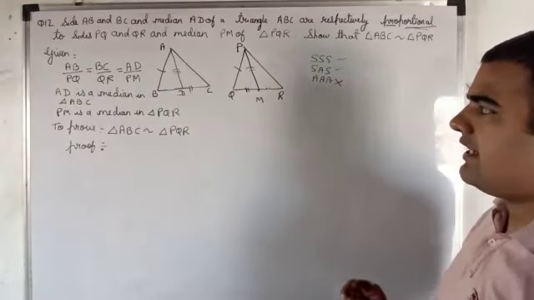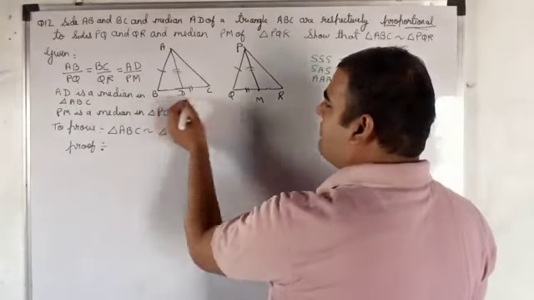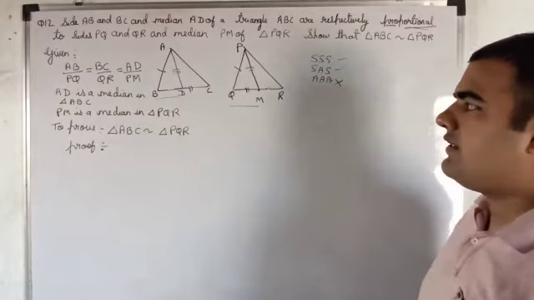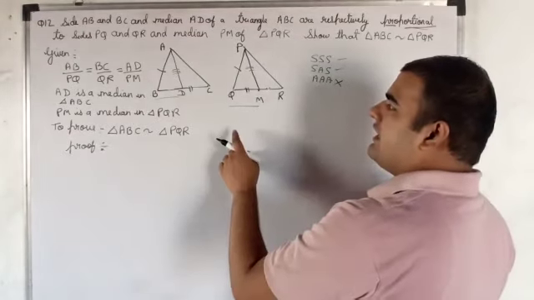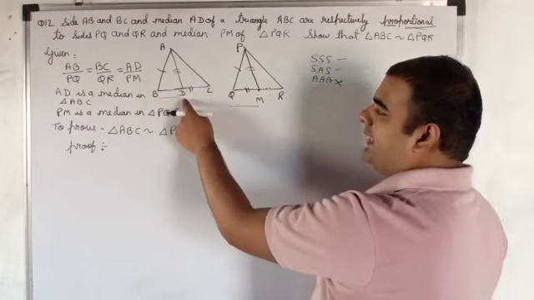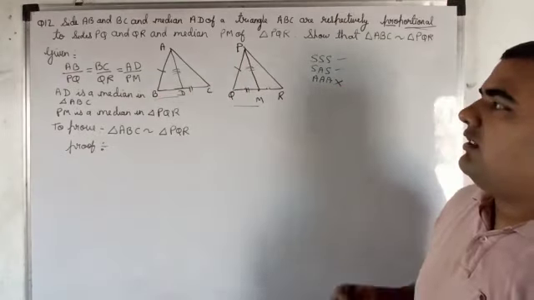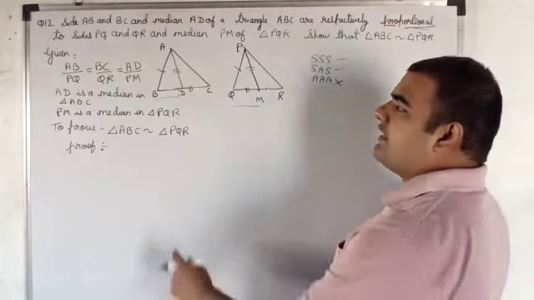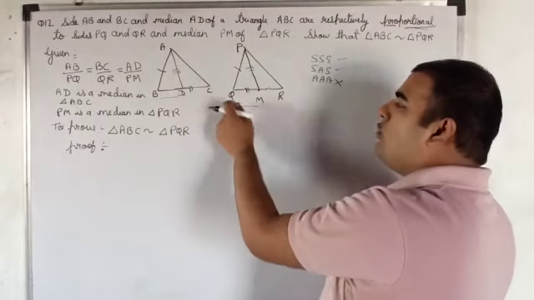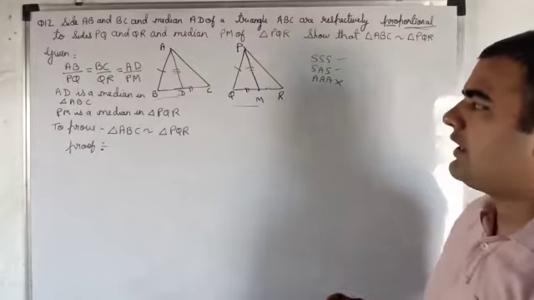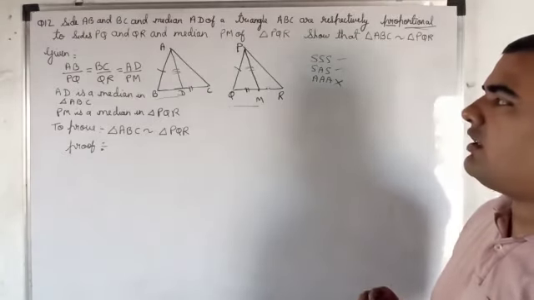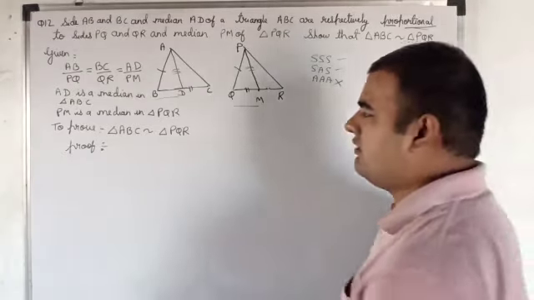Okay, we are getting some ratio. Can we get BD upon QM? Yes, if we get this, we will say AB upon PQ, BD upon QM and AD upon PM. Since the corresponding sides of triangle ABD and triangle PQM are in proportion, we can say these two triangles are similar by what? SSS. We will do it.